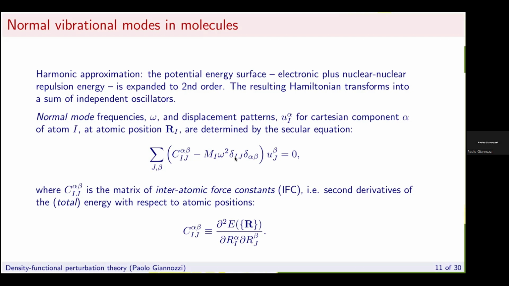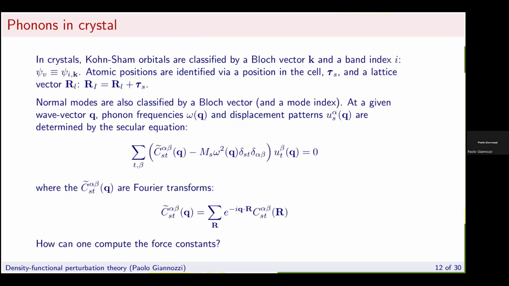So it's a generalized eigenvalue problem. Actually, it's very simple because the mass matrix is diagonal, so one can simply divide the force constant matrix by the square root of masses and obtain the dynamical matrix that is directly diagonalized with conventional algorithms.